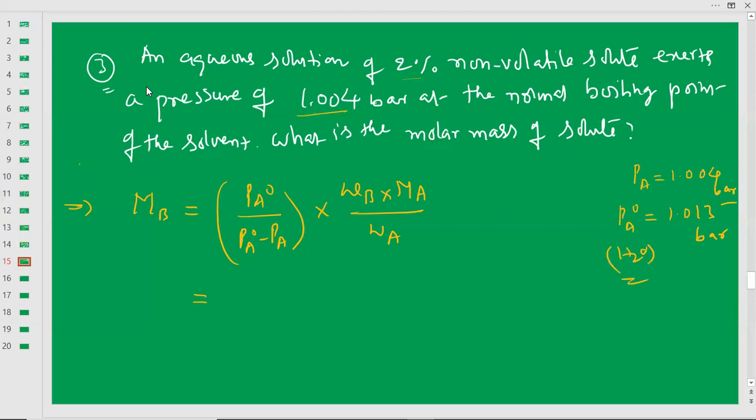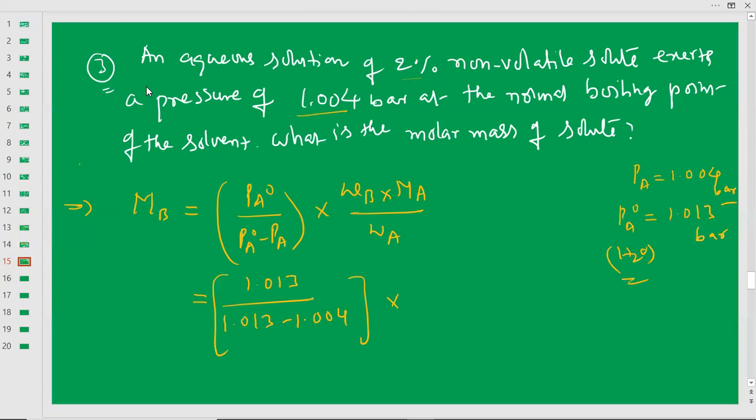Now if you substitute here, it will become 1.013 by 1.013 minus 1.004 into WB, the weight of solute.